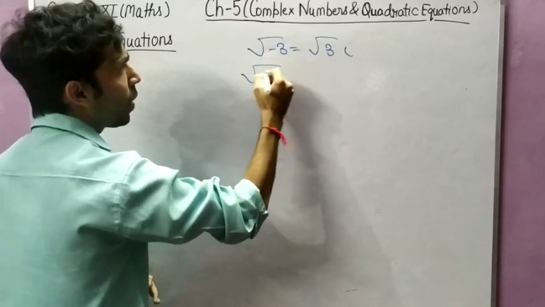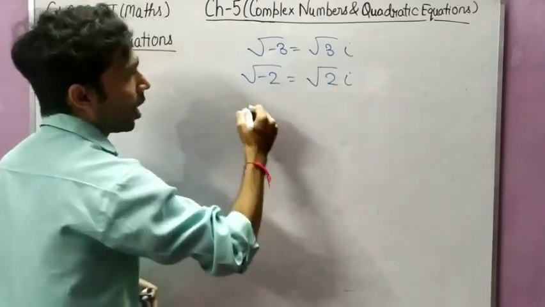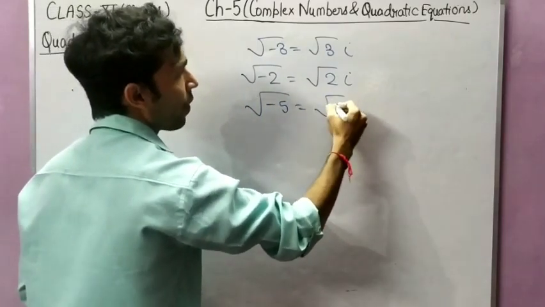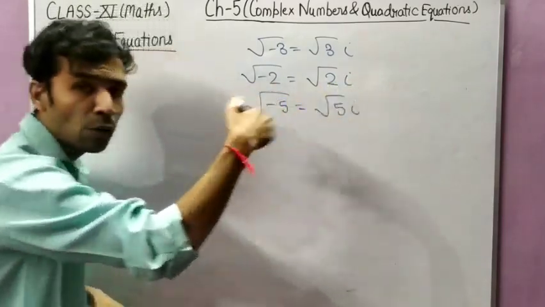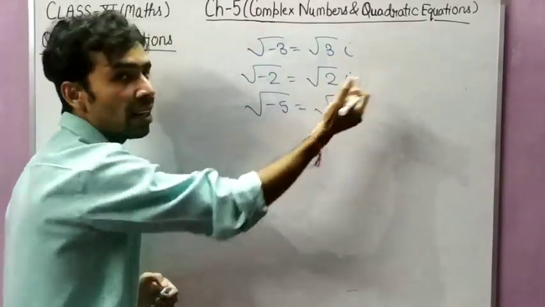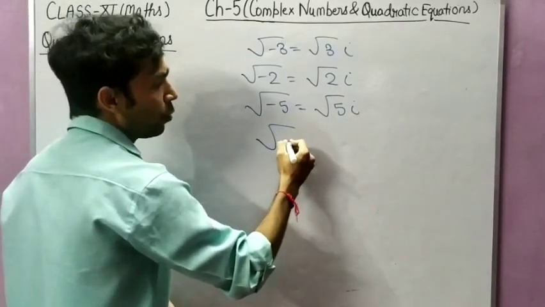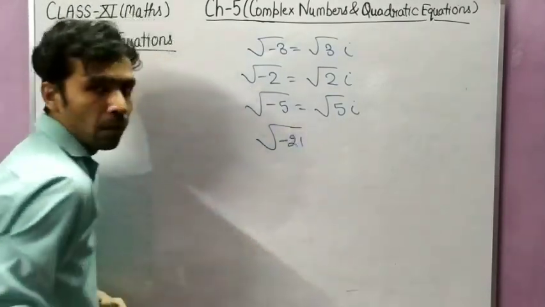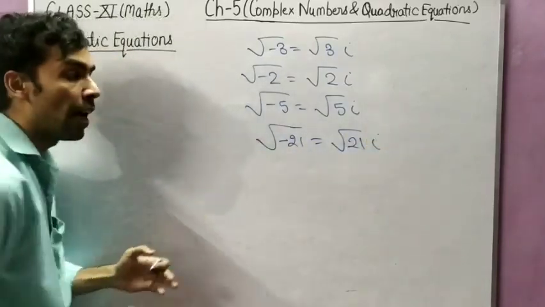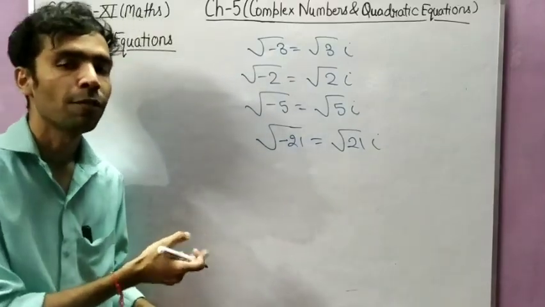Similarly, under root minus 2 will be equal to under root 2i. Under root minus 5 will be equal to under root 5i, and this i is outside the square root bracket. Whenever you see any negative number like under root minus 21, it can be written as under root 21i, and I have shown you how it comes, just two minutes ago.